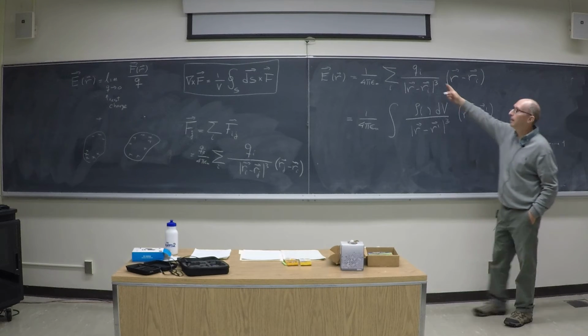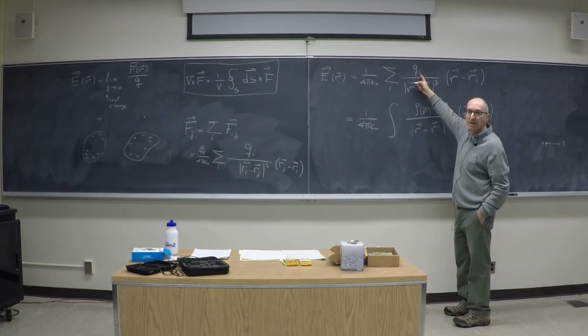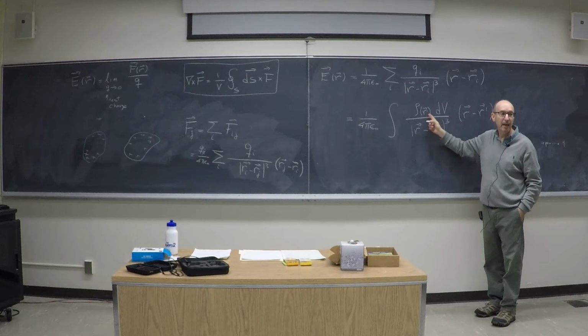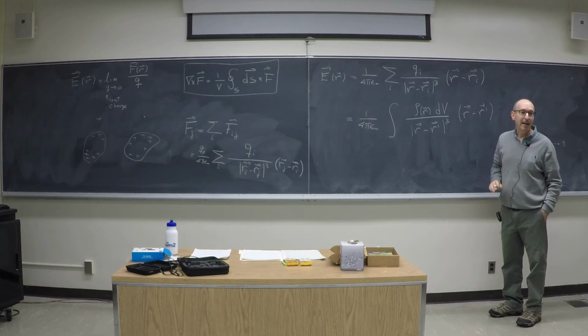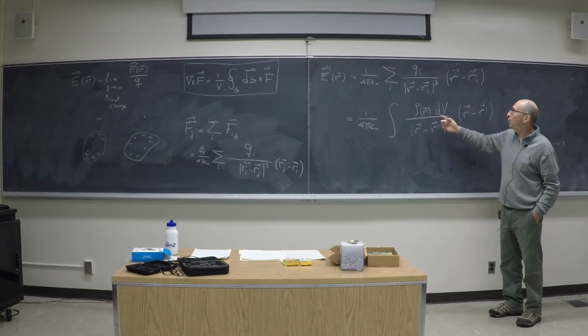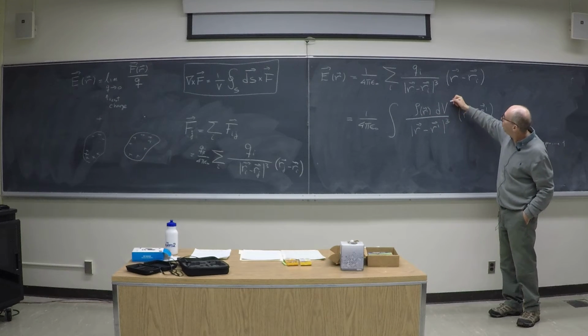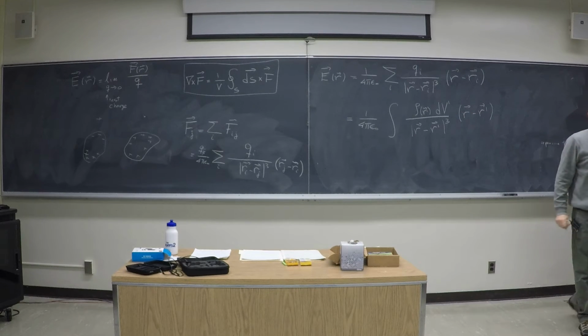R prime, exactly, because it came from the charge i, what was varying, so this is my source, R prime. So if you want to emphasize this is an integral in volume, the density times the volume gives me the charge, but maybe you prefer to put a prime in there, just to remind yourself that in reality the integral is in the variables R prime.